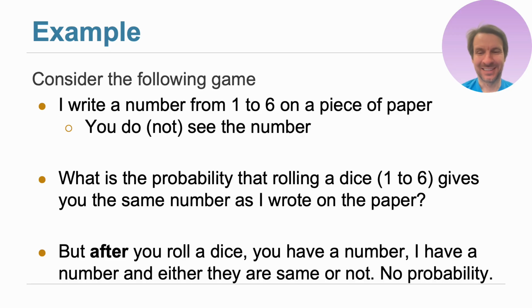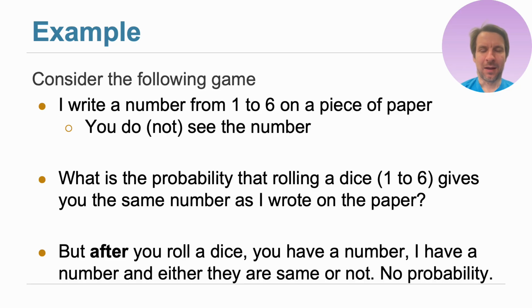So I have my secret number, one of 1, 2, 3, 4, 5, 6. And now what's the chance that if you roll a die, you get the same number as me? If you roll a die, you have a chance of 1/6 that you get the same number as me.